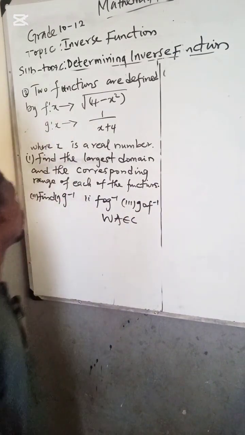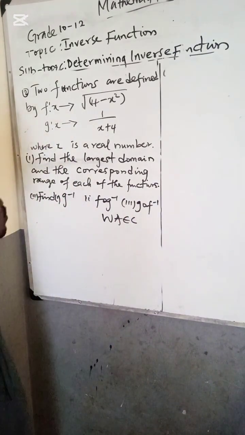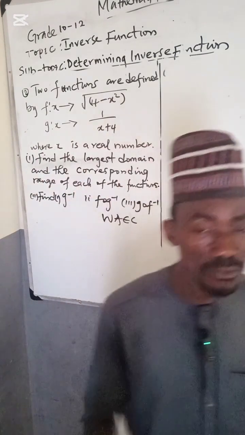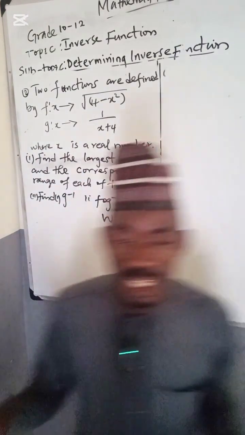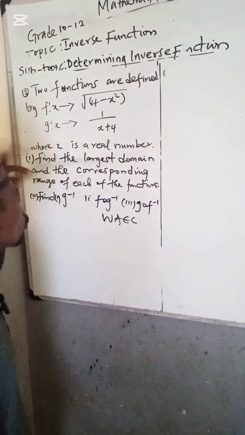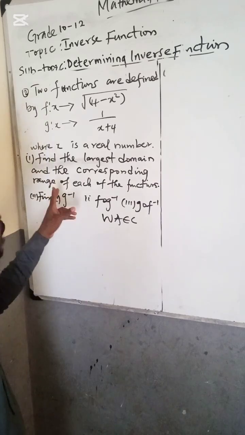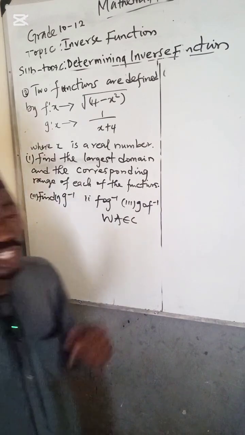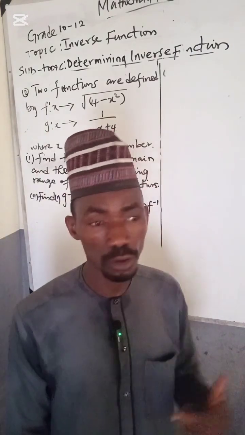So let's go. Remember, we said in the first video, when we're treating inverse function, that for a function to have an inverse, the codomain of that particular function must serve as a domain for the inverse of the function.